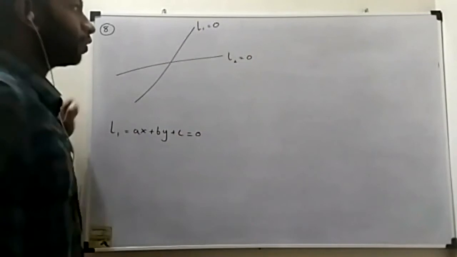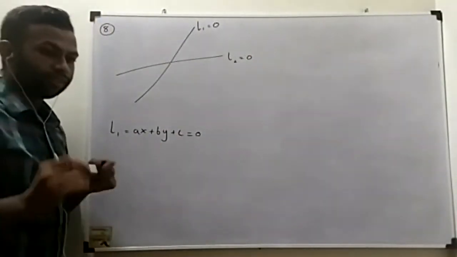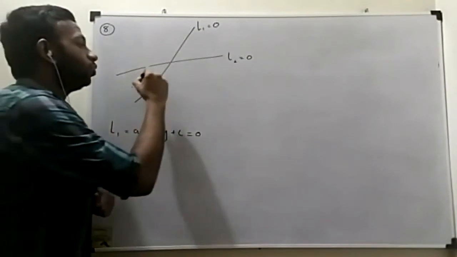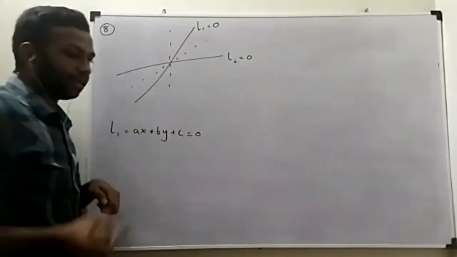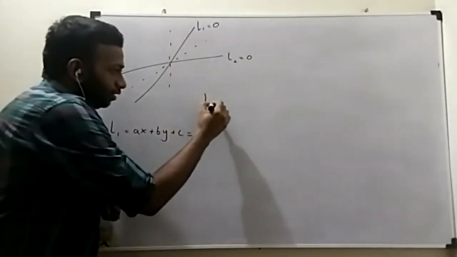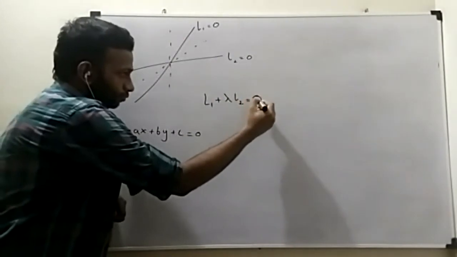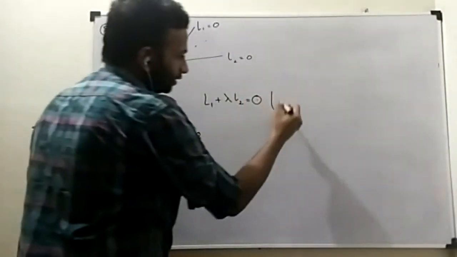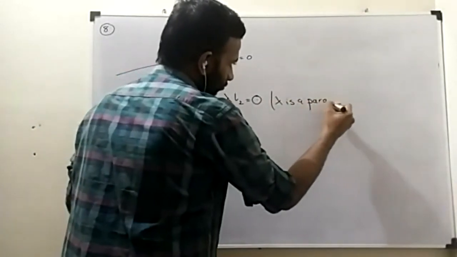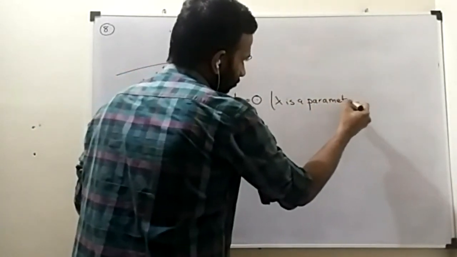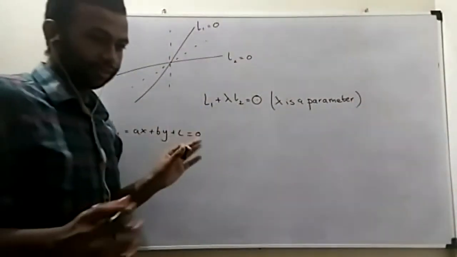The equation of the straight line that passes through the intersection point of these two lines can be written as L1 plus lambda times L2 equals 0, where lambda is just a parameter that can be any number.